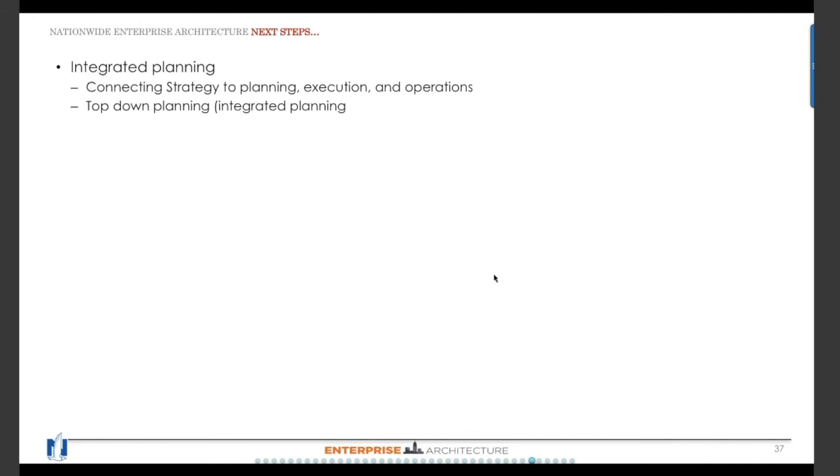So those are the benefits I see out of this whole process as one of the executives here at Nationwide. I think all of the time investments that we've put into connecting all this from top to bottom really continue to pay off for us as we go through our strategic planning cycles.